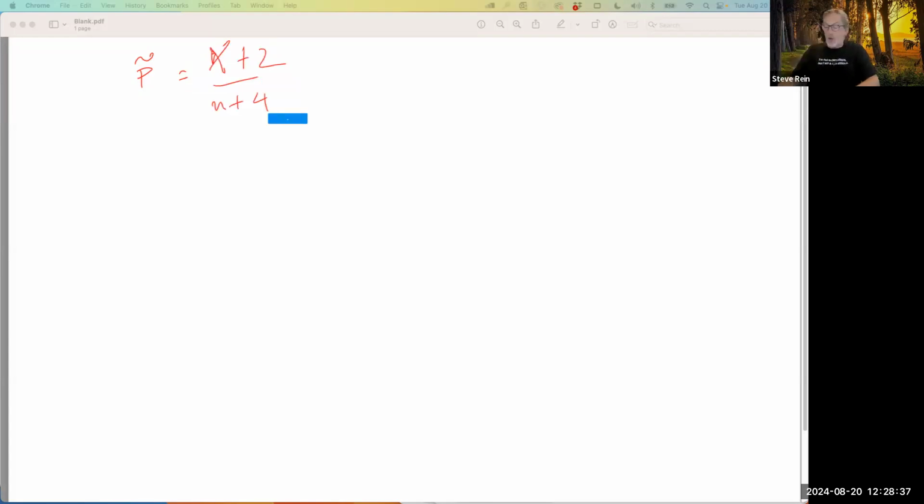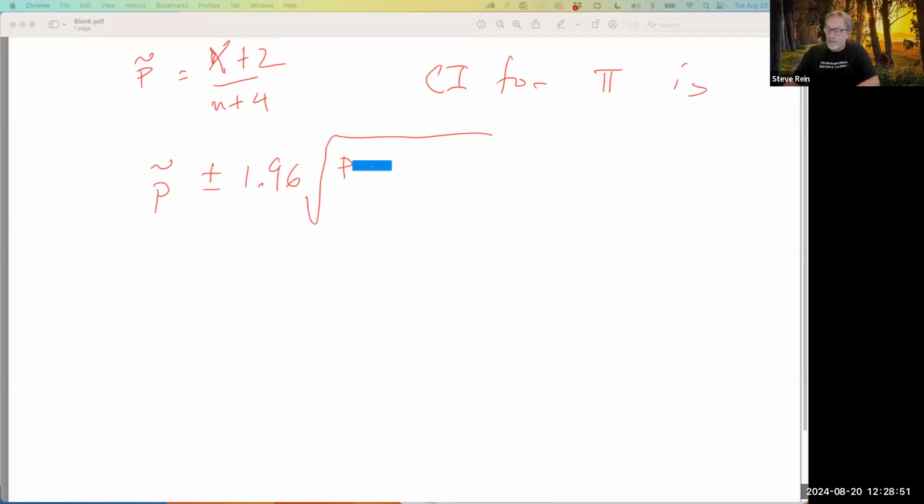And my confidence interval, CI, for the unknown value pi is p tilde, that's my estimate, plus or minus 1.96 times the root of p tilde times 1 minus p tilde all over n plus 4. That maybe looks a little bit odd, but that's indeed the way we're going to choose to do this.